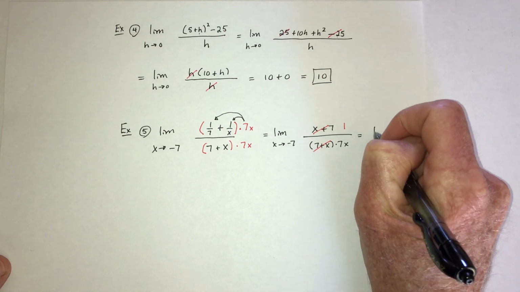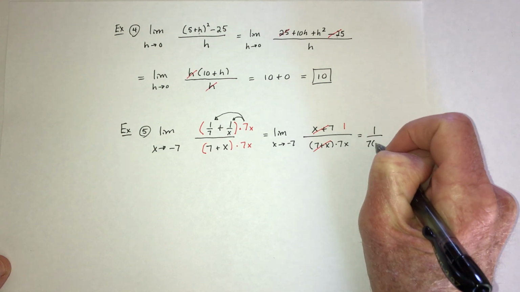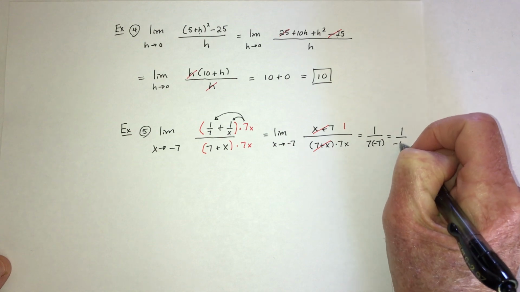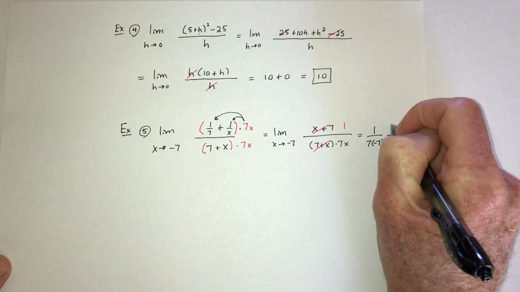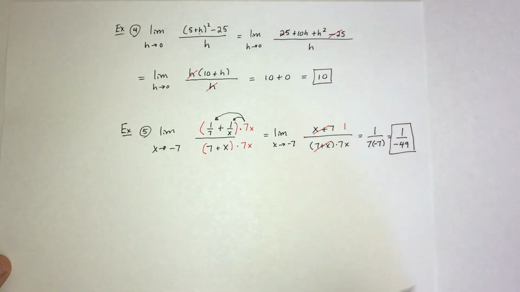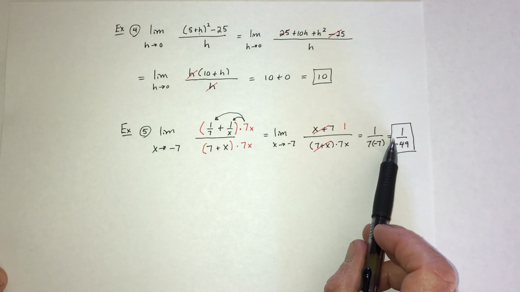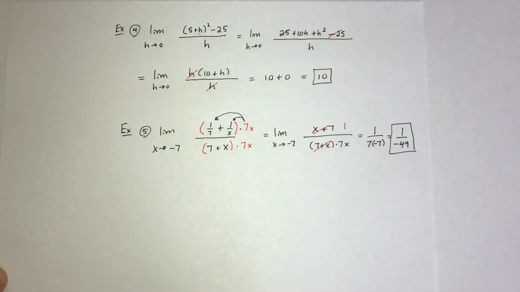And then replace x with a -7. And the final answer is -1/49. Remember, with fractions, you can put the negative on the bottom, in the middle, or on the top. They're all the same thing.